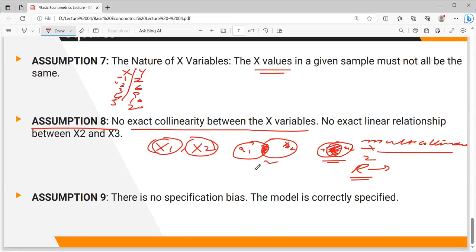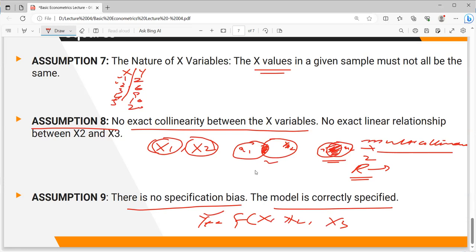The last assumption is assumption number 9, that there is no specification bias. The model is correctly specified. If you have a model where yt is a function of, suppose, x1, x2, and x3, y is the dependent variable and x1, x2 are independent variables. When we specify the model, we must avoid including unnecessary or irrelevant variables.